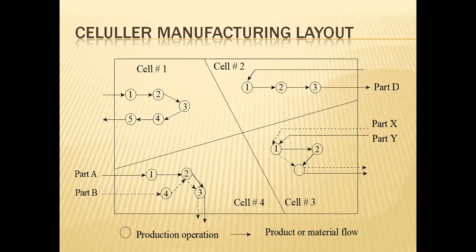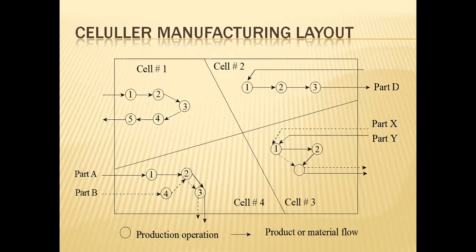Now the next is the cellular manufacturing layout. In cellular manufacturing, machines are grouped into cells, and the cells function somewhat like a product layout within a larger shop or a process layout.